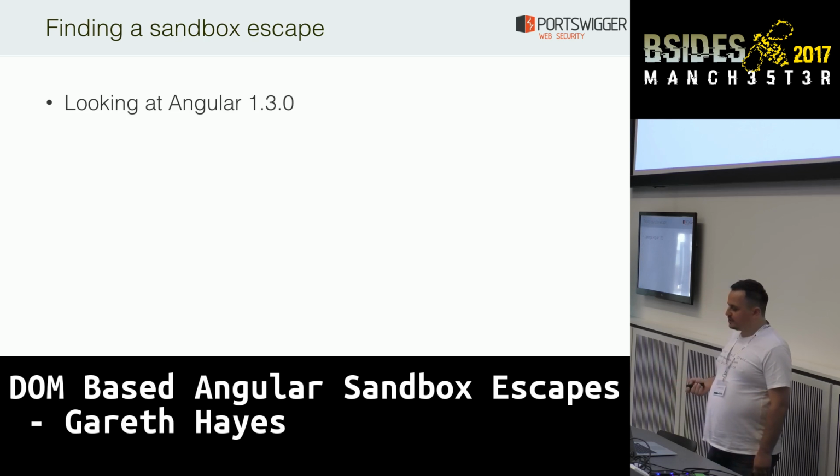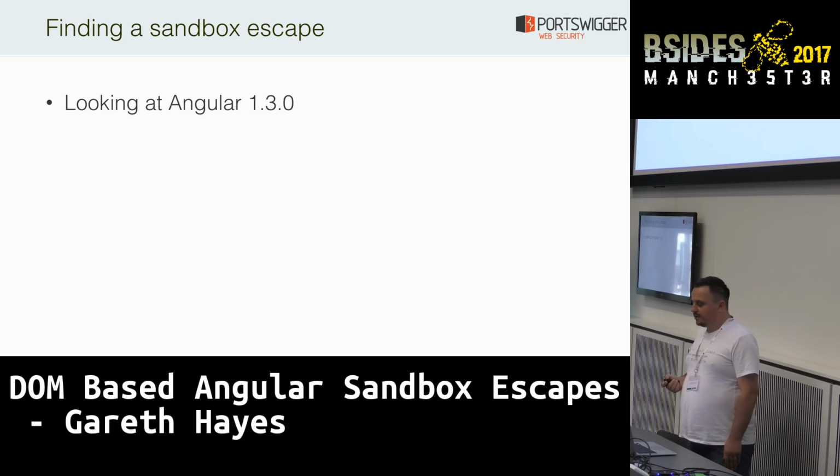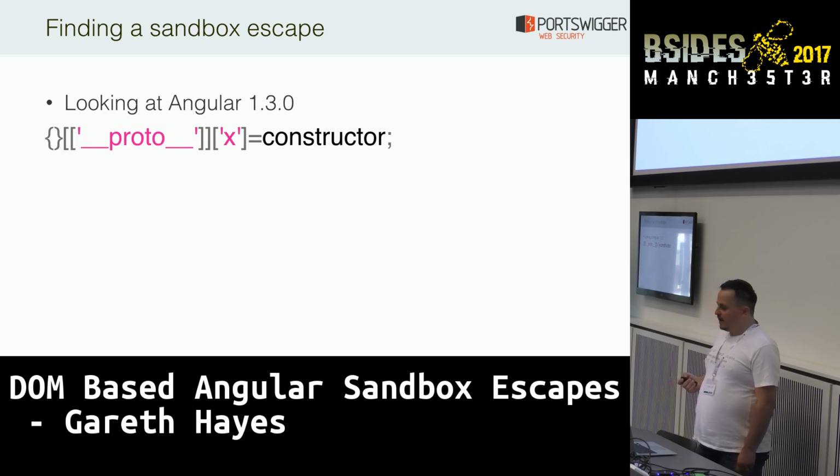So to find my first sandbox escape, I looked at version 1.3.0. And in that big long list of property names that I fuzzed, I found that the function constructor was being called by the join method, as I showed you just before. But what was really interesting was I could get a reference to the object constructor using this technique.